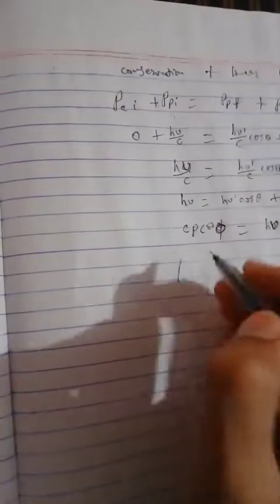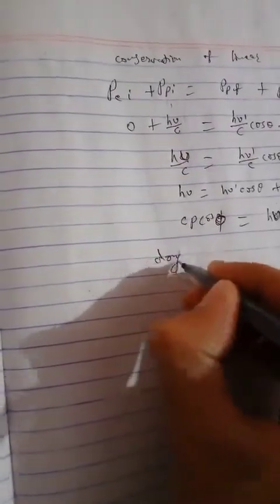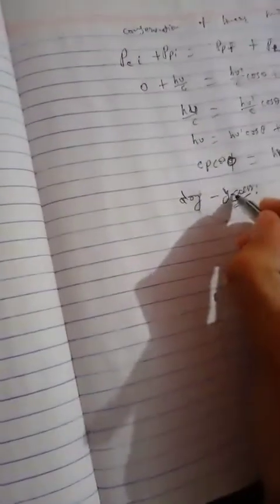Now we apply the conservation of linear momentum along the y-axis. The initial momentum of photon along y-axis is 0, and the initial component of electron along y-axis is also 0, so the LHS becomes 0.